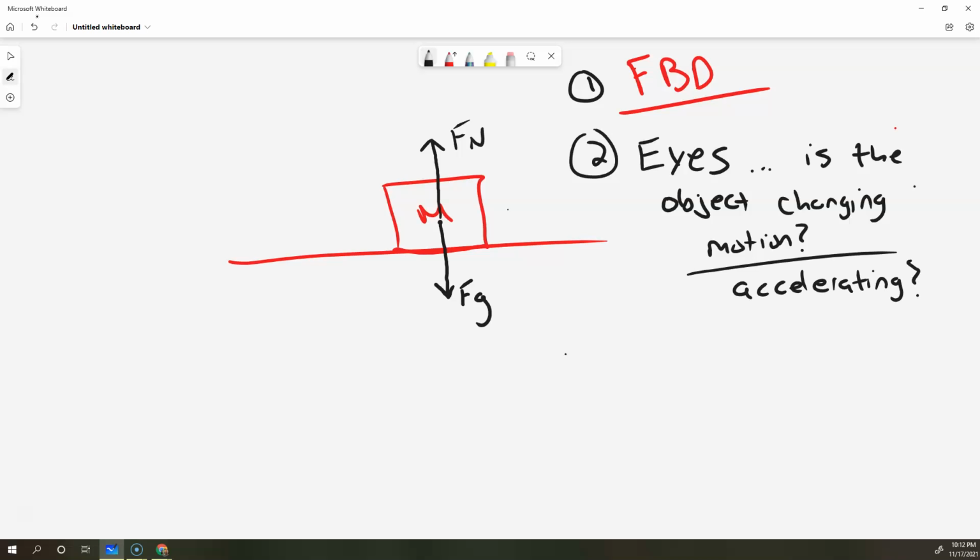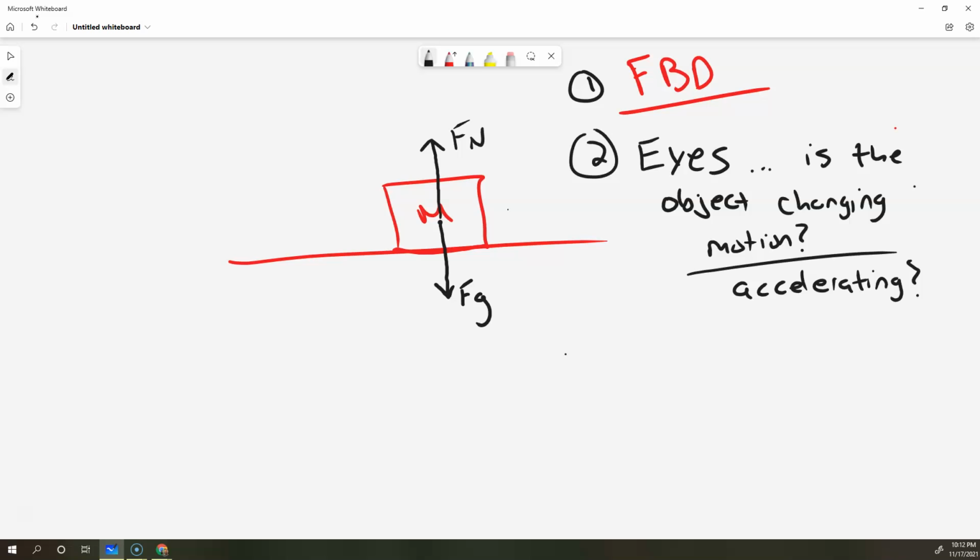What does it mean to accelerate? It means to speed up, slow down, or change direction. All three of those things are a type of acceleration. They're a way of changing our velocity.